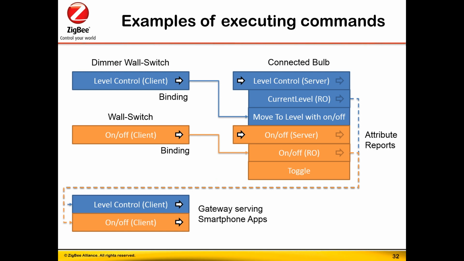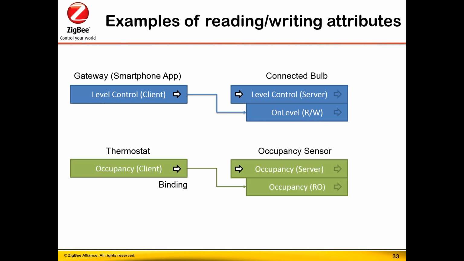And using attribute reporting, you could easily have a gateway updated with status information, so that users have feedback on their smartphones, whether a certain device is on, is off, at what level, and so on. And all this integrates very nicely and very smoothly with this concept. Next slide.